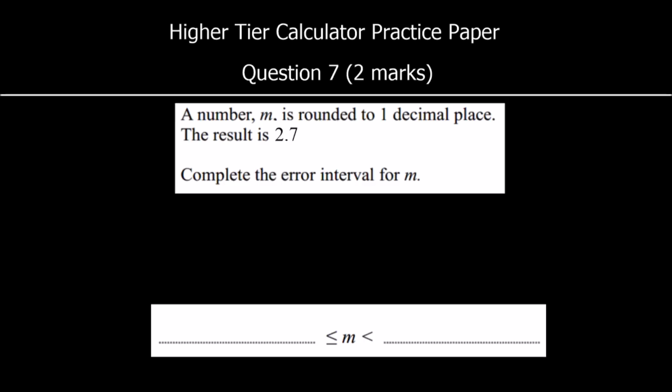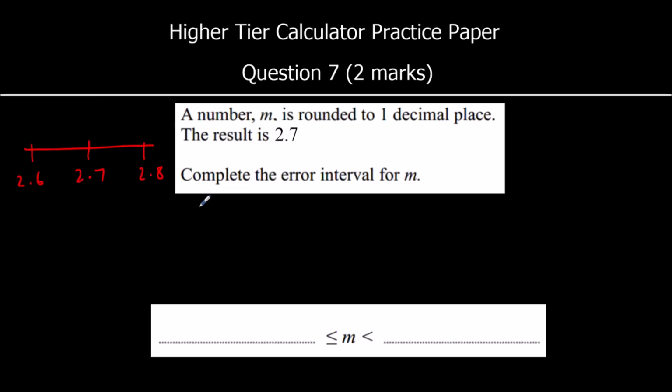Question 7. A number m is rounded to 1 decimal place. The result is 2.7. Complete the error interval for m. So we have a number that's been rounded to 2.7. The one up would be 2.8. The one down to 1 decimal place would be 2.6.